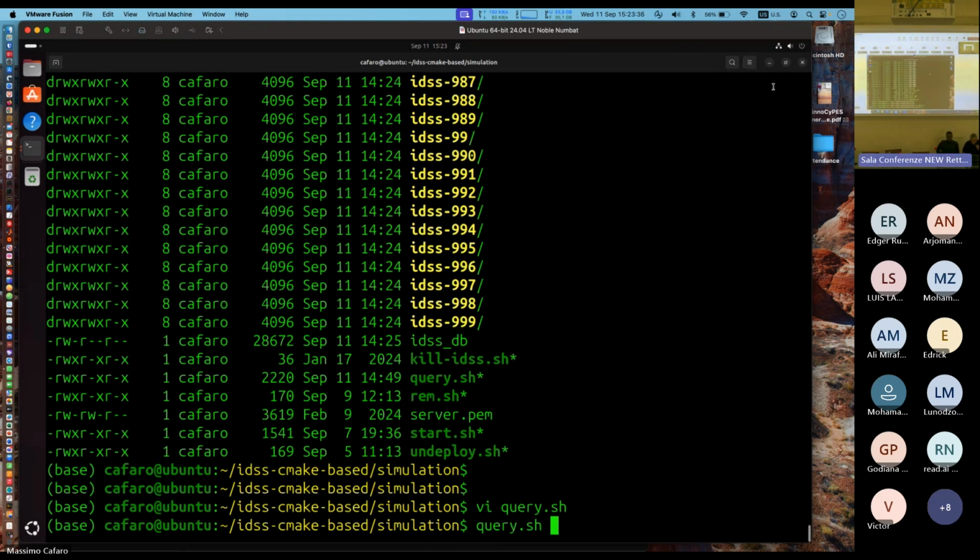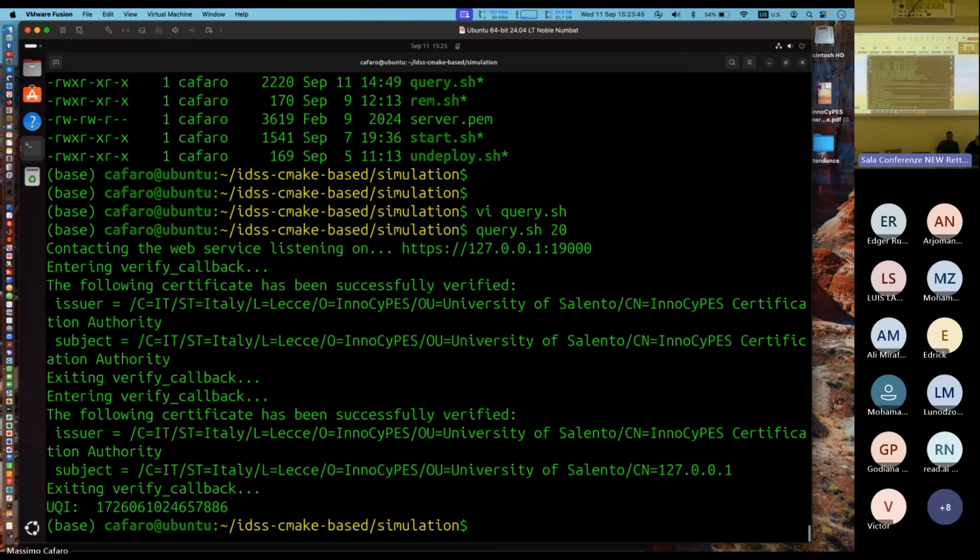Okay. So I run this distributed query and I allow 20 seconds for the query. What you see here is that this client is contacting one specific server at that address. You see here that the exchange is in place. There is a security callback involved.